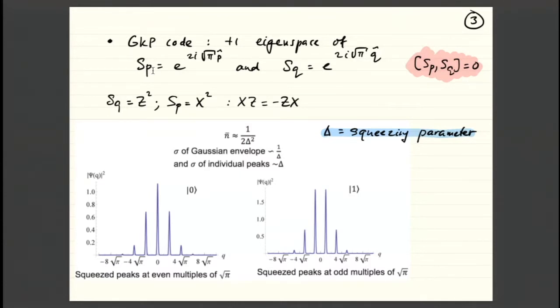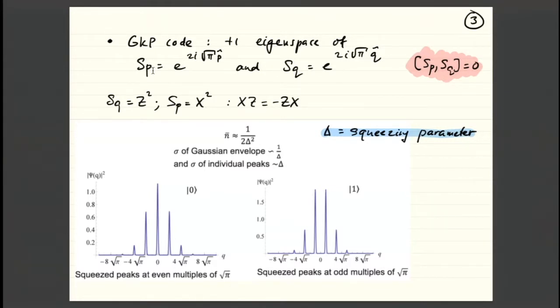Now, to think about this code, if you look at SQ, like I said, if the eigenvalue has to be 1, Q has to be some integer times square root of pi, right? Because then this whole thing is i times 2 pi. So if I look at what the wave function of these states look like, this is the wave function of 0.